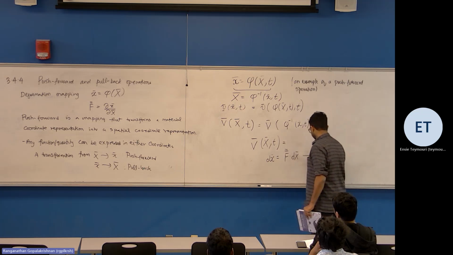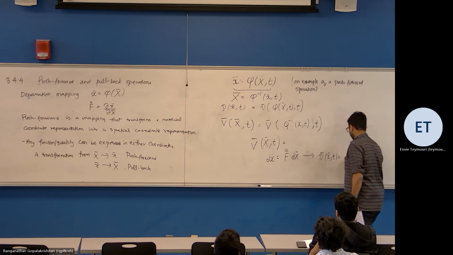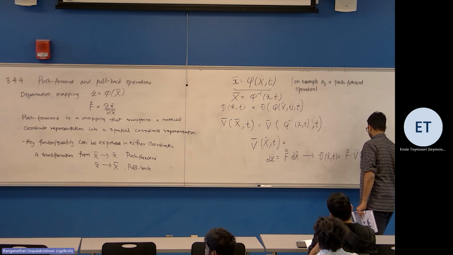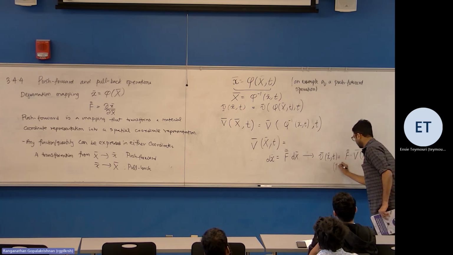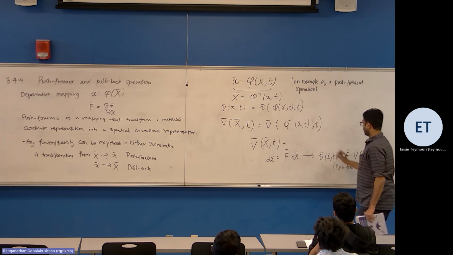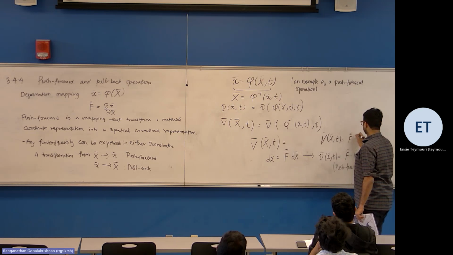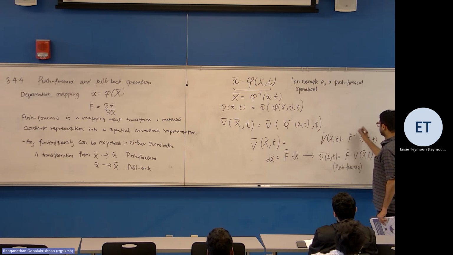You can extend this further and write v of x comma t is F dot V of X comma t. This operation here is an example of push forward. And if I write it the other way, V of X comma t is F inverse dot v of x comma t. This is an example of a pullback operation.